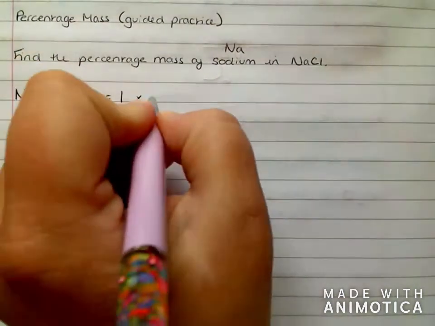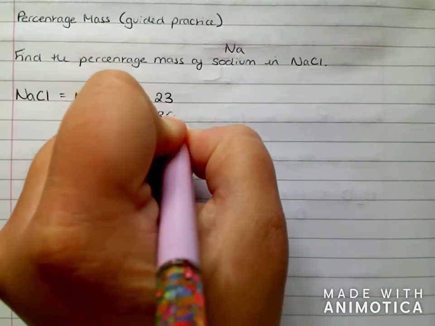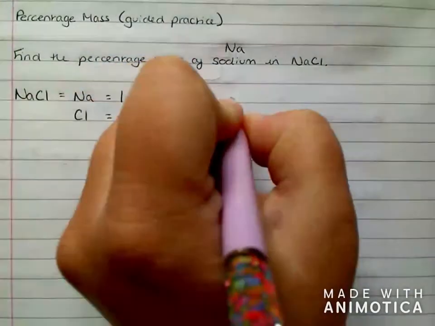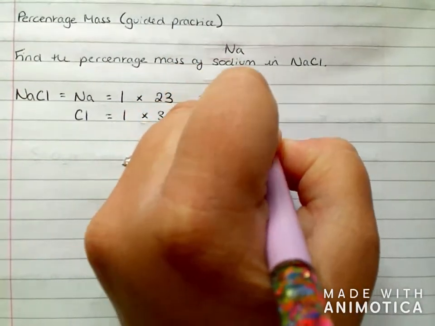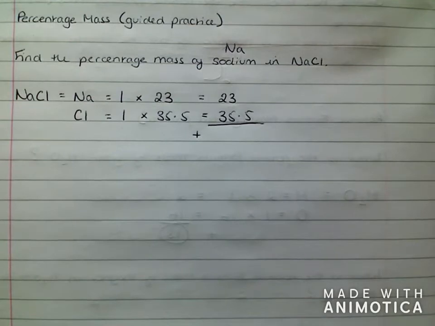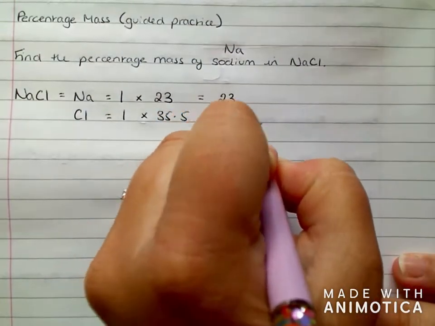So Na is 23, Cl is 35.5. Work those out, so 23 and 35.5. And then I add them together. So 23 plus 35.5 is 58.5.